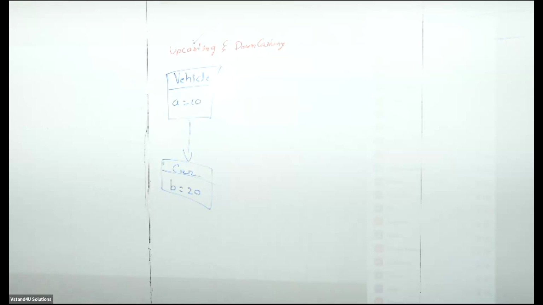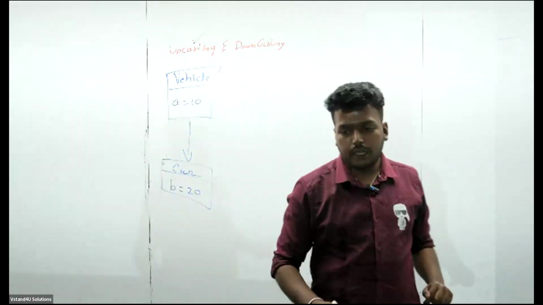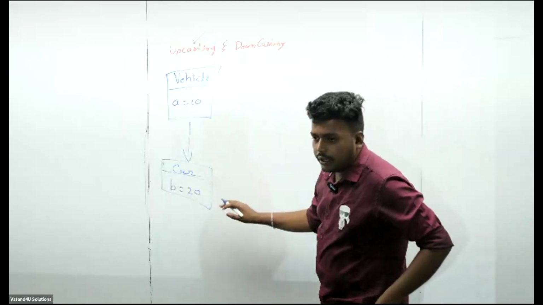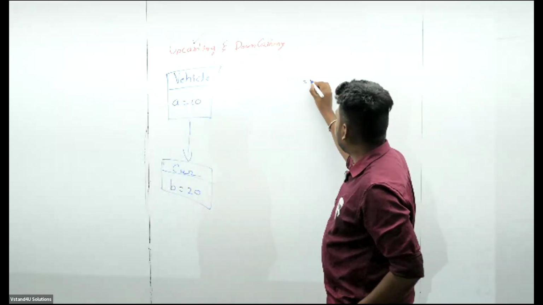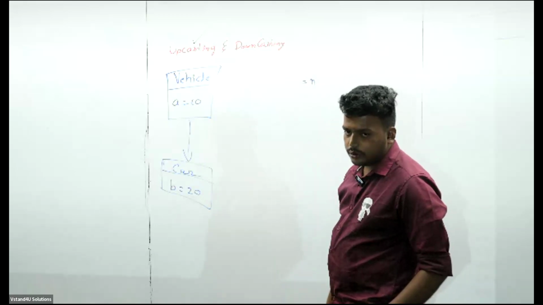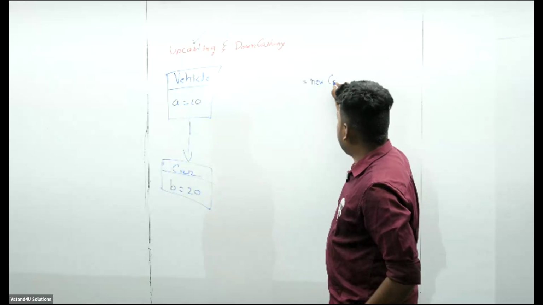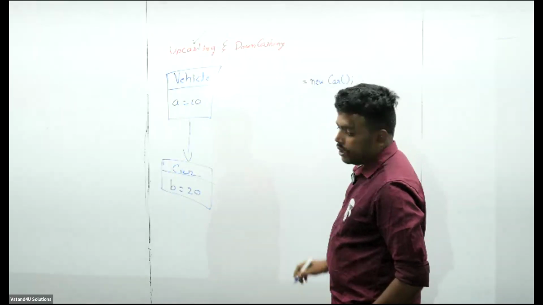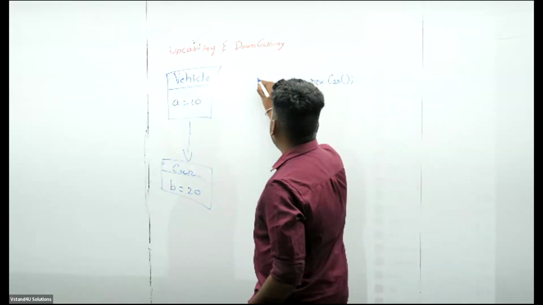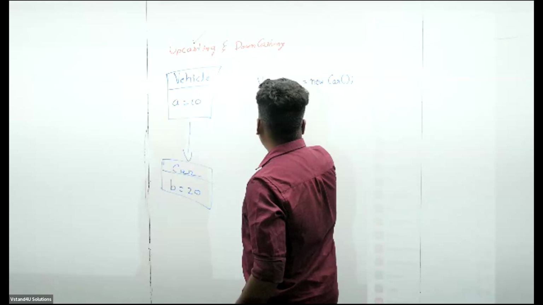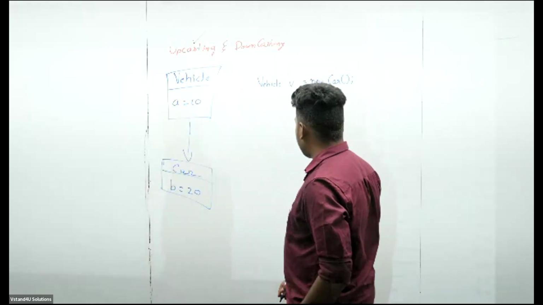Now tell me, for online class students, please respond with the upcasting and downcasting process in the chat box. Now tell me the direct process of upcasting. First I need to create, then what is the other way?